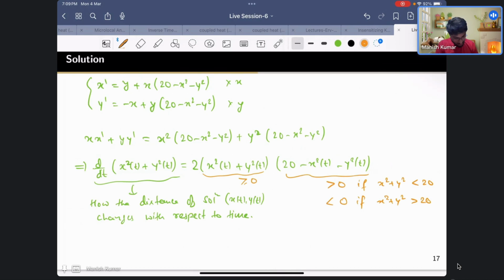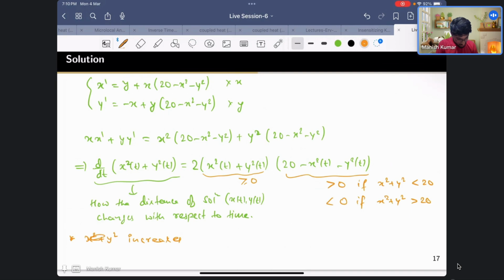So what we can tell using this observation is the following: the value of x square and y square along the solution, so that x square plus y square, this increases, right? This is what d/dt tells. So when it is positive, it is increasing with respect to time. So it increases the radius.